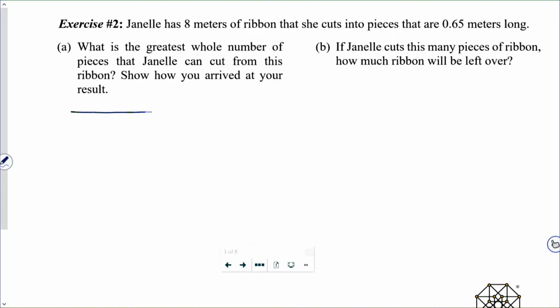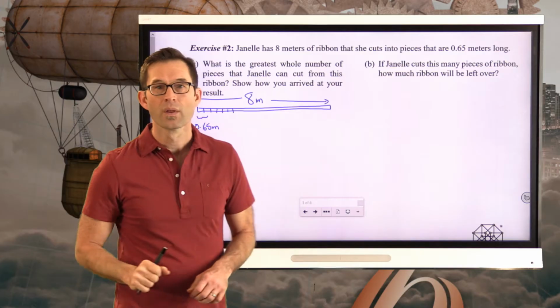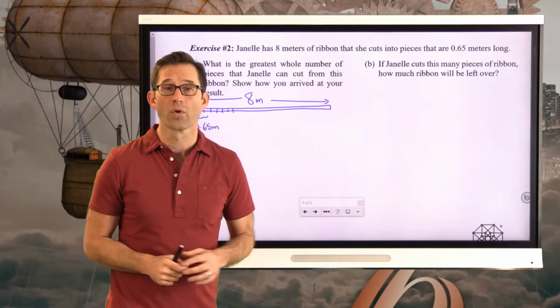We've got this piece of ribbon, and it is 8 meters long. We're going to be cutting it into very tiny pieces, each one of which is 0.65 meters long. We want to know how many whole number of these pieces we can create.